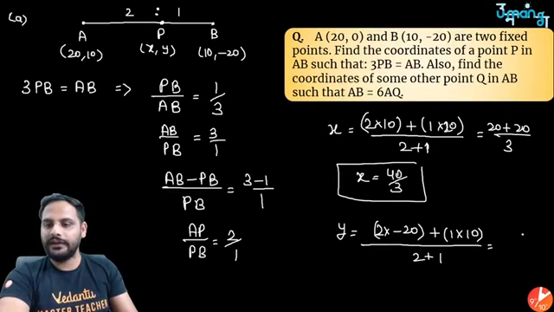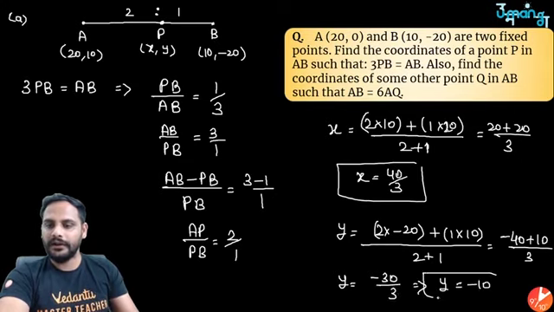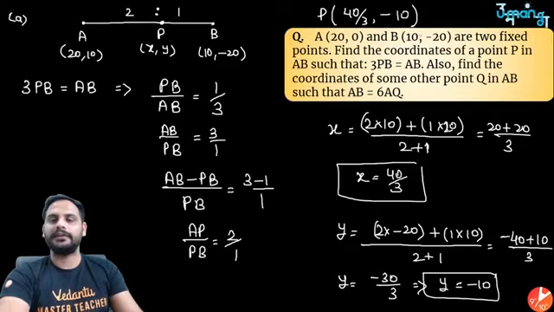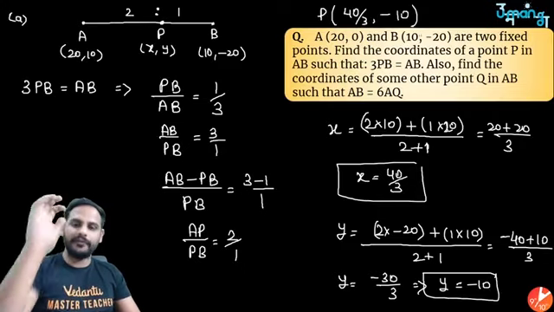So minus 40 plus 10 by 3, which is minus 30 by 3. So y is equal to minus 10. So the coordinates of point P will be 40 by 3 comma minus 10.